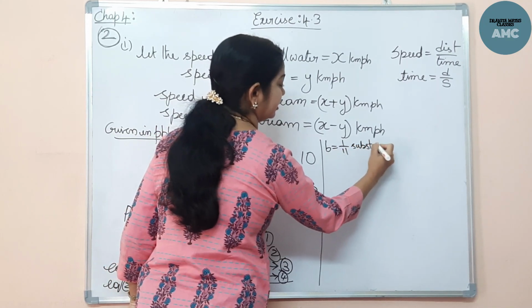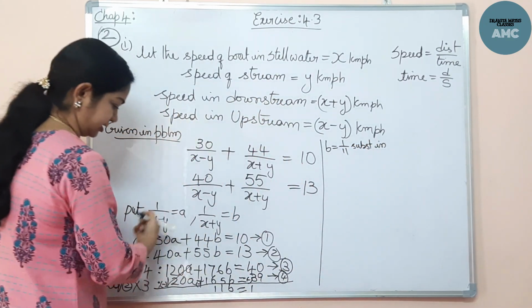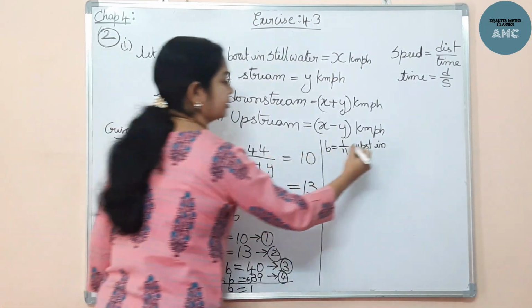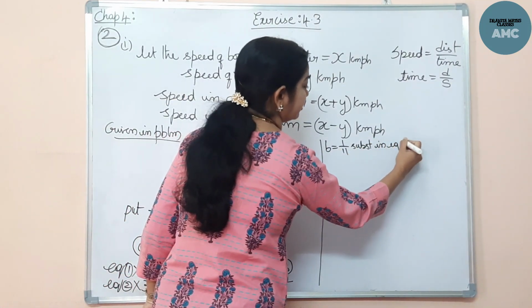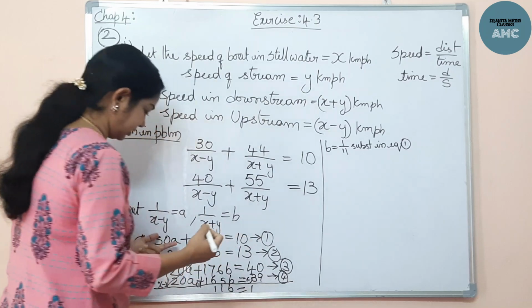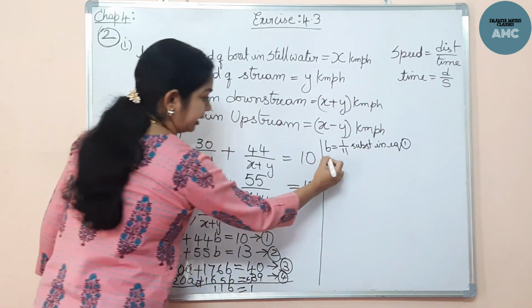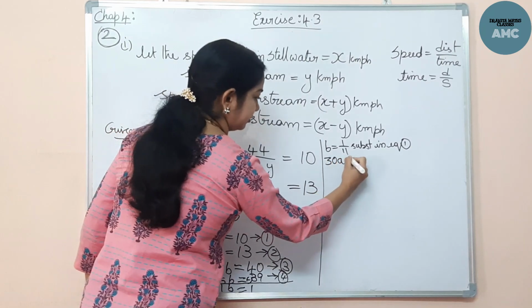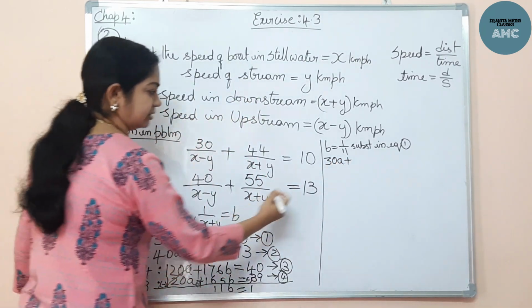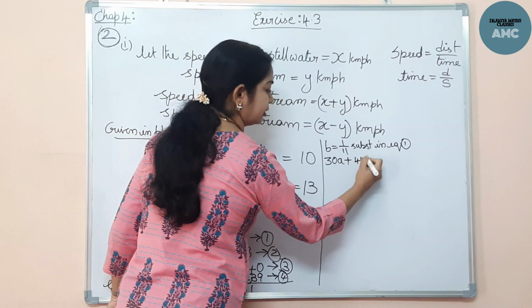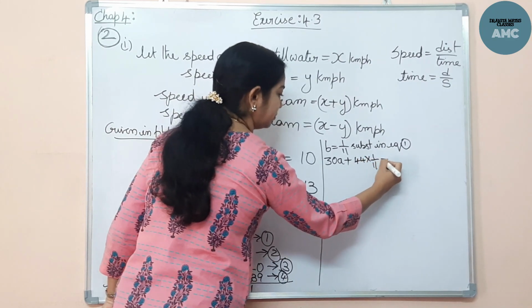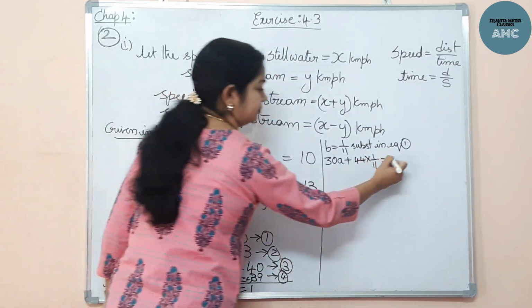Substitute in any equation we can substitute. We will substitute in equation 1. What is equation 1? 30a plus 44b. So 30a plus 44 into the b value equals 10.